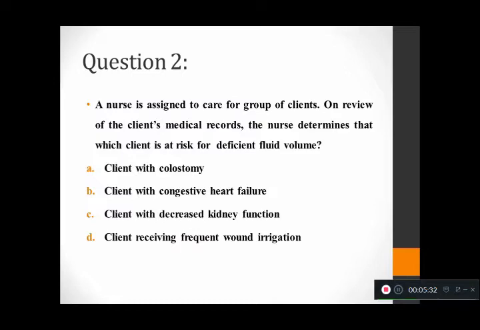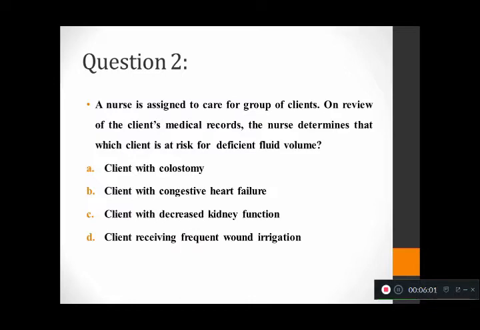Fluid volume deficit can occur through vomiting, diarrhea, conditions that cause increased respiration, conditions which increase our urinary output, insufficient IV fluid replacement, draining fistulas, and presence of an ileostomy or colostomy. So these are the various causes in which there will be fluid volume deficit.